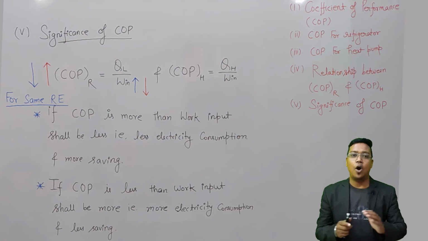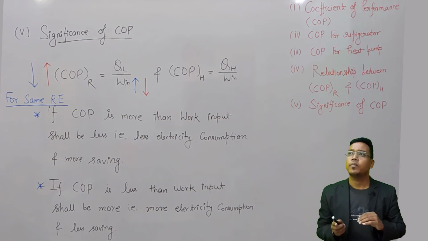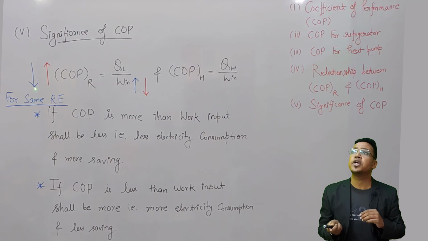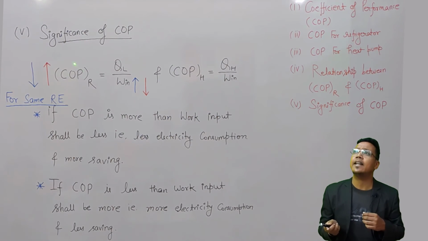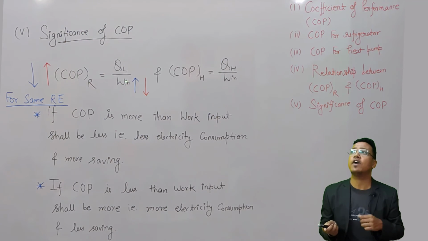Now consider the other case. If COP is reducing, or less COP, then work input shall be more. You can easily see that COP and work input are inversely proportional. If QL is same, then COP and work input are inversely proportional.